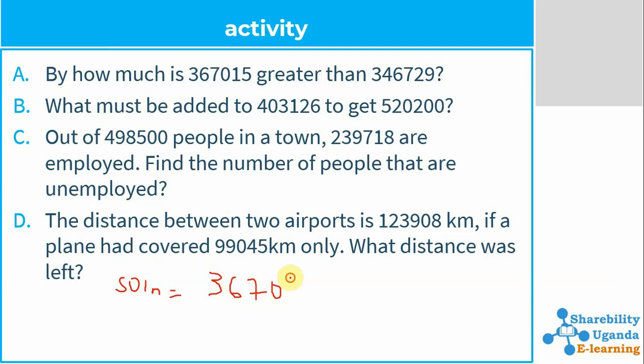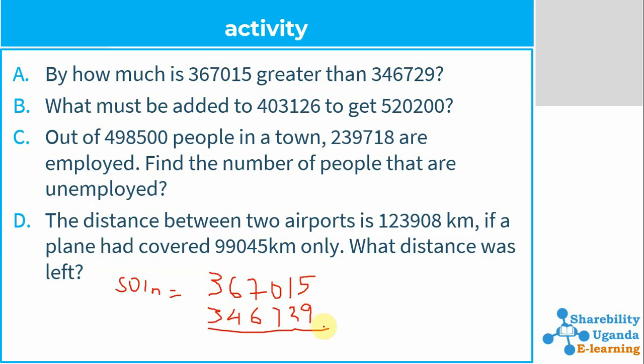This is a 0, this is a 1, this is a 5. They want us to know by how much this is greater than that, so we arrange them in that form. After arranging it, we should be able to make the subtraction.